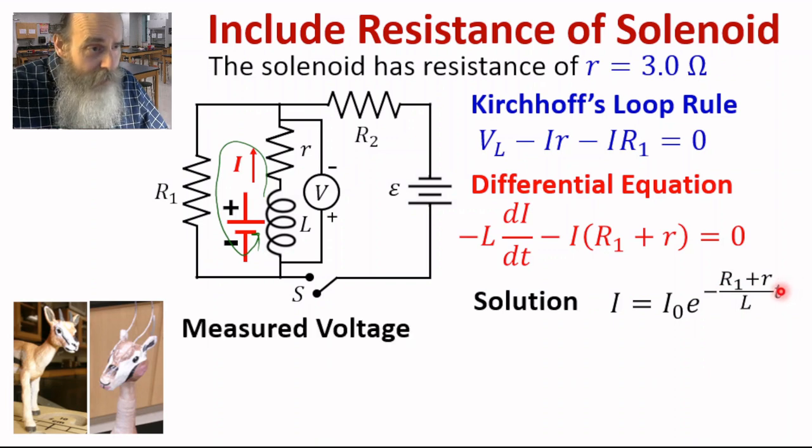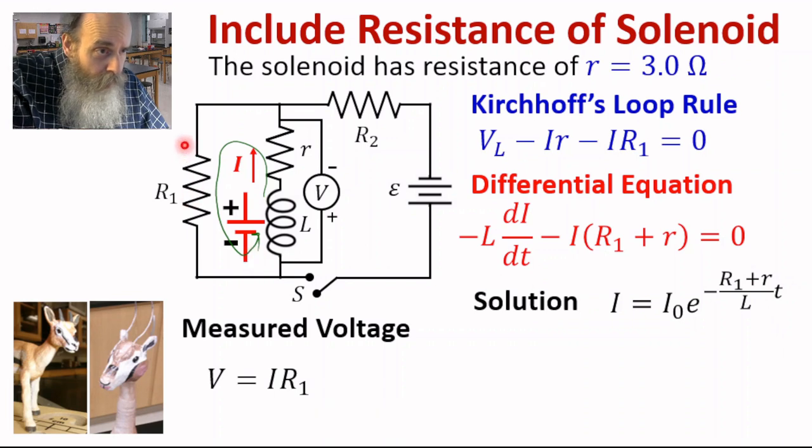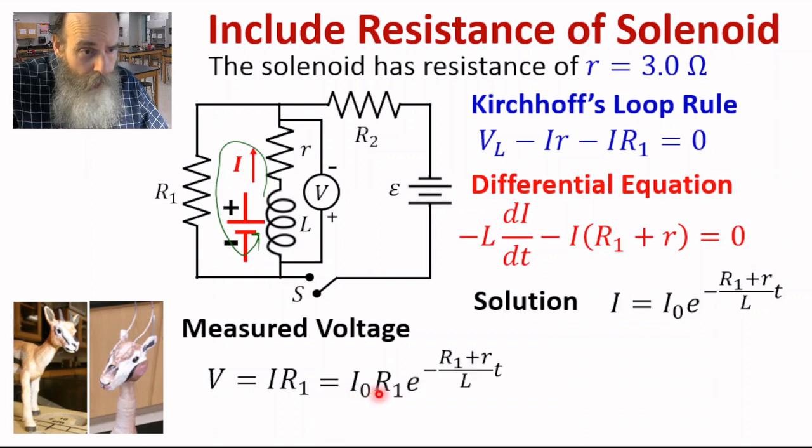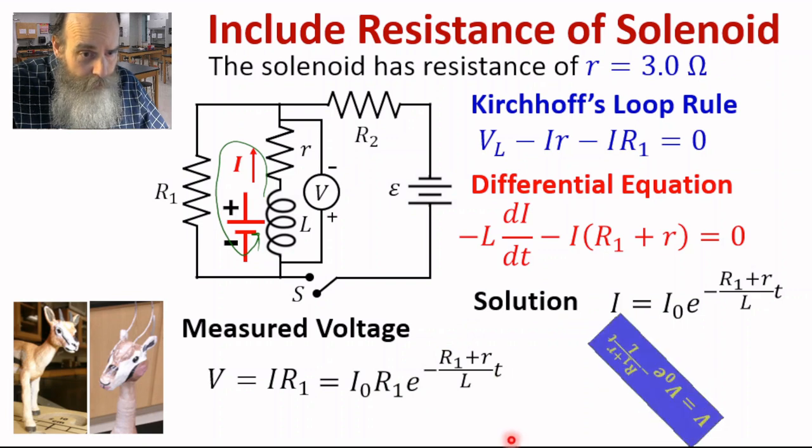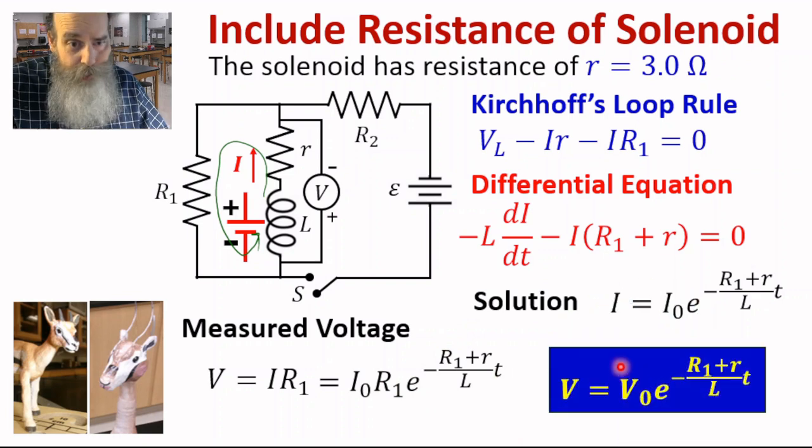So the voltage that we measured is still the voltage across resistor R1 because we're measuring from here to here. So that's going to be I R1, so I0 R1 times this exponent. It's the same as we had before, except instead of R1, we have R1 plus small r.